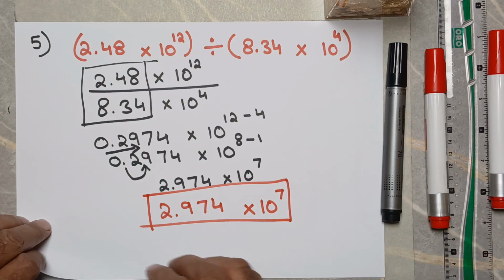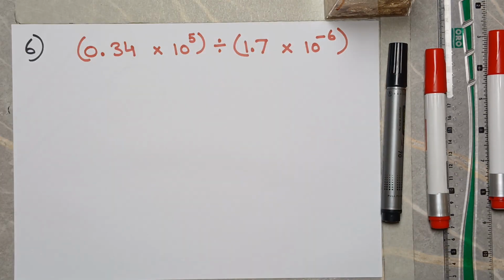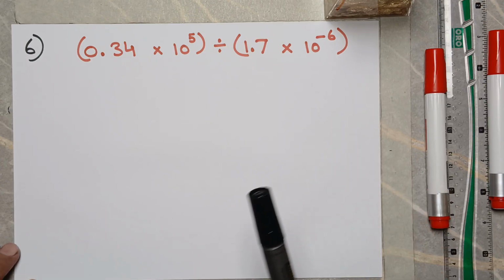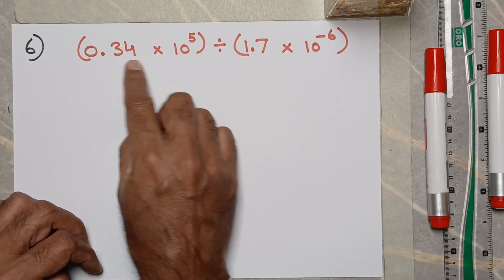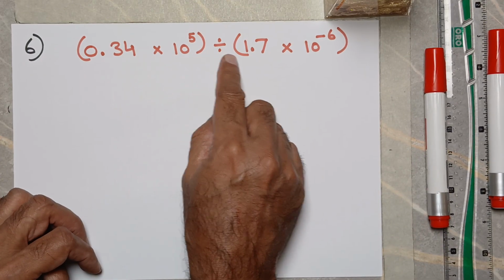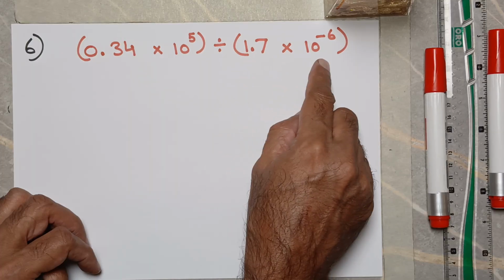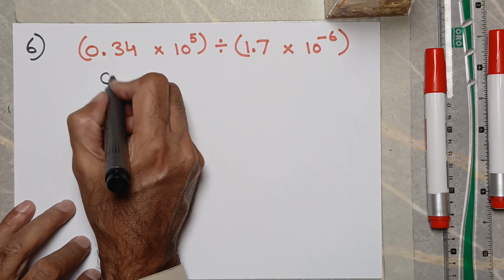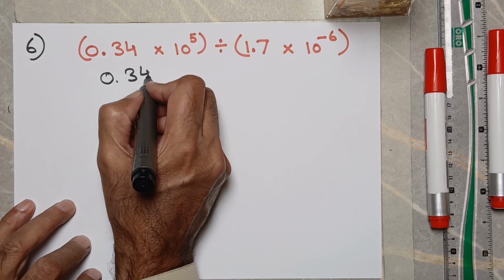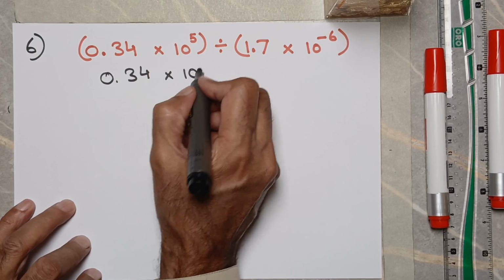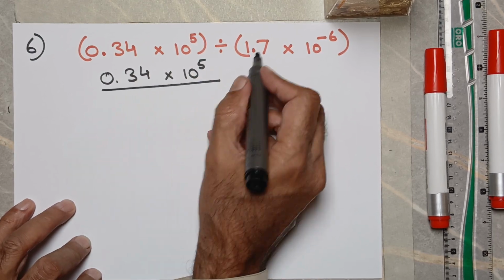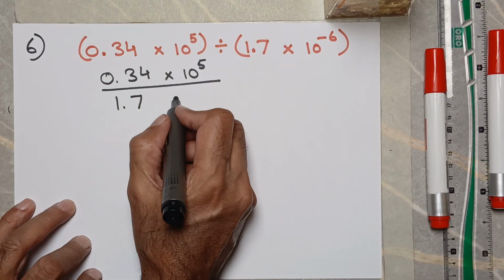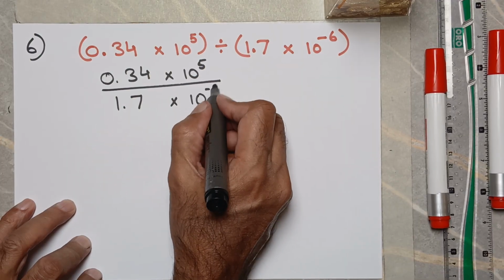Now let me move on to question number 6. Here it is 0.34 times 10 raised to the power 5 divided by 1.7 times 10 raised to the power minus 6. First of all, write it in the simple division form: 0.34 times 10 raised to the power 5 divided by 1.7 times 10 raised to the power minus 6.